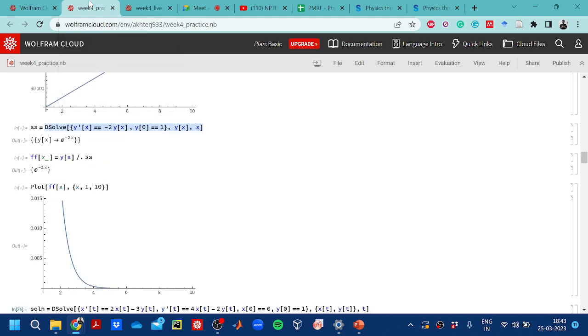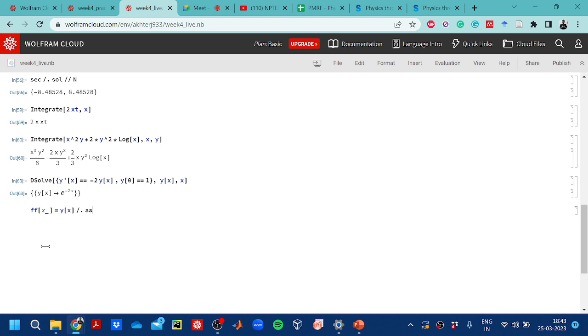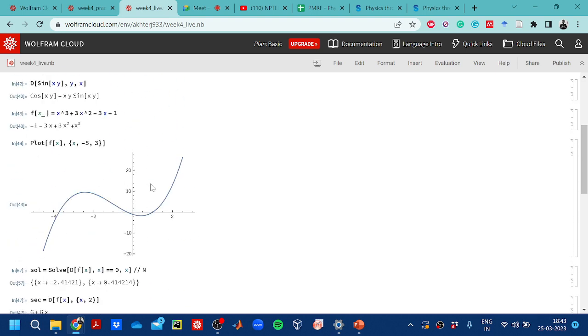For that, you have to write down this command. So what is it doing here? First we are storing the functional form that we are getting in this variable ss. In ss we are storing this.